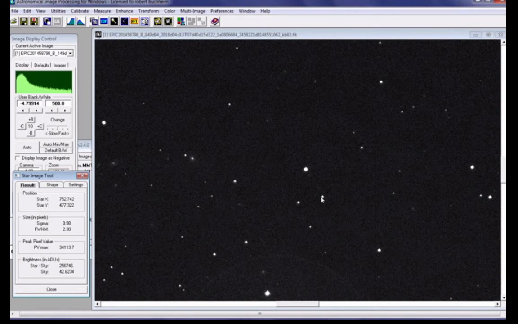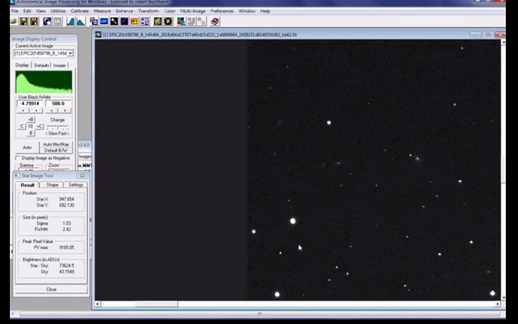So, if I pick another star like this guy down here, we were at a full width half max of 2.3, and I hit this guy, it's 2.4. They're within 10% of each other. That's pretty good. Whereas if I go over to this really bright guy, 2 things will happen.